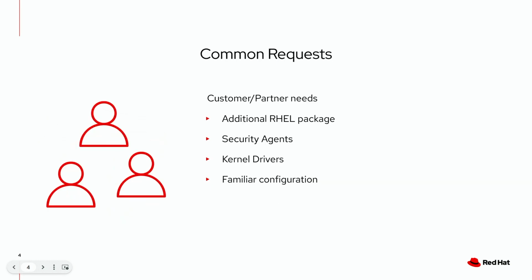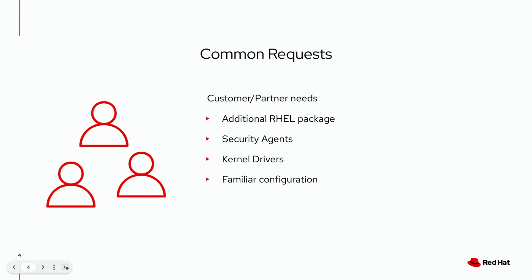So what are some common requests that we've gotten from customers over time? One really simple one is, hey, I need this additional Rel package installed. It sounds like an easy ask because Red Hat already builds that package and ships it for Rel customers. Why can't I have it in OpenShift, right? That one sounds really easy, but because we ship Red Hat CoreOS as part of OpenShift to every customer, one package that is useful for one customer is not necessarily useful for all customers, and we have to consider that.